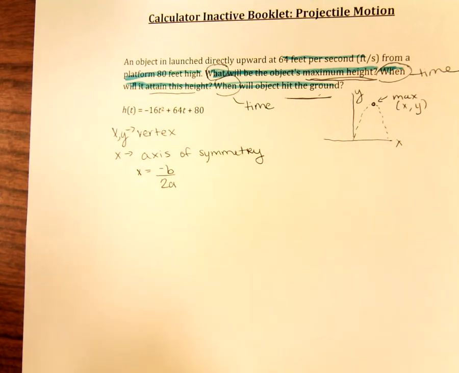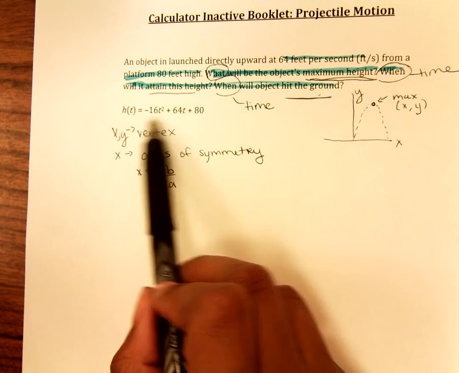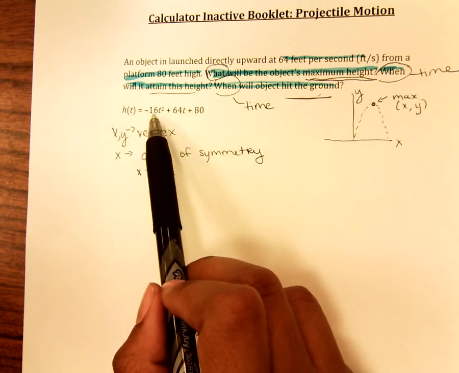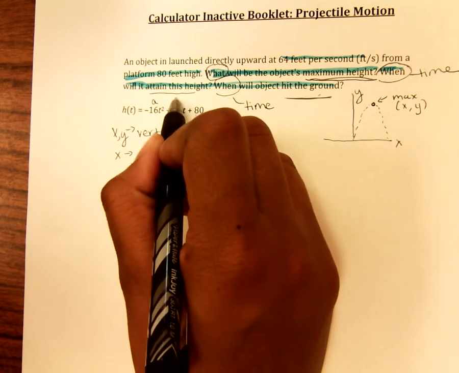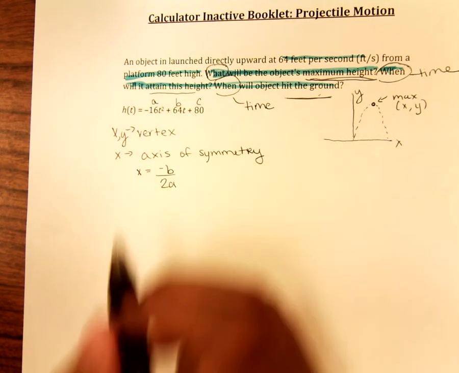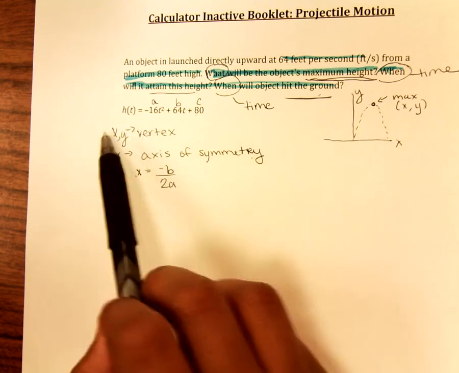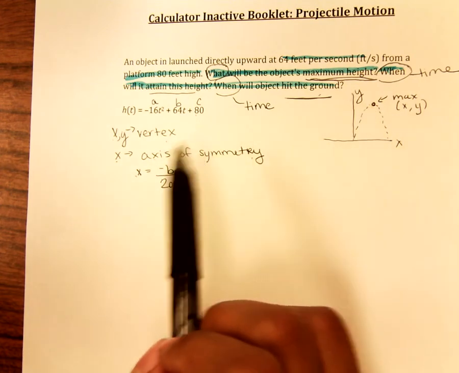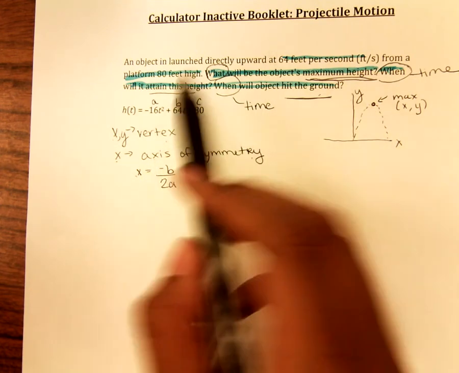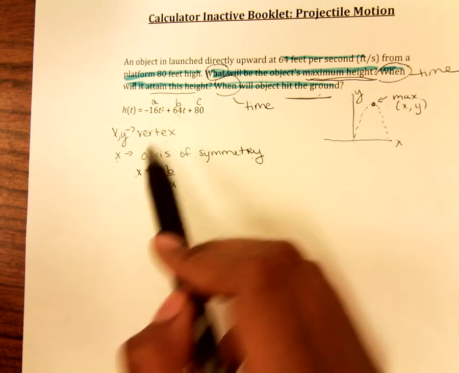Okay, so you're like, Miss Prather, where did you get this negative B and where did you get this A from? Well, if you think back to the very beginning of quadratics, we know that the first number is A, the second number is B, and the third number is C. So if I want to find the X axis of symmetry, or the X in my vertex, which is this top point right here, I need to know negative B. Negative B, or you would say the opposite of B, so if your B was already negative, it would be positive.